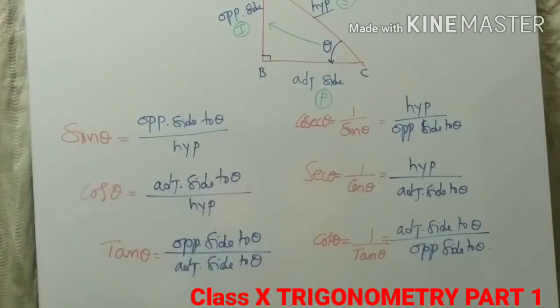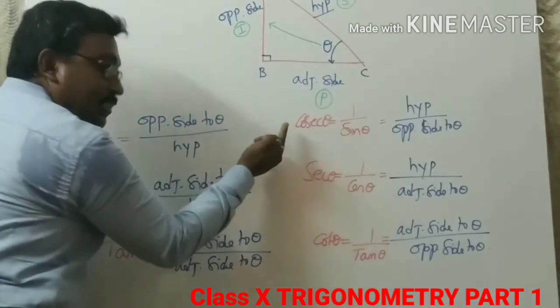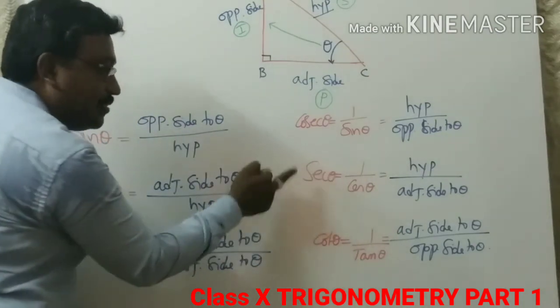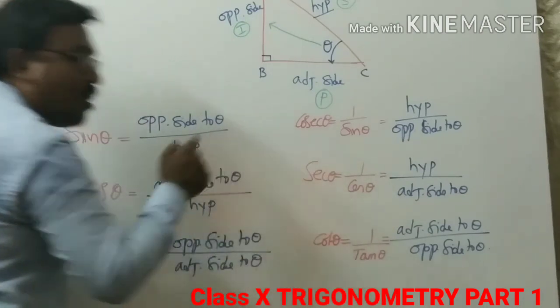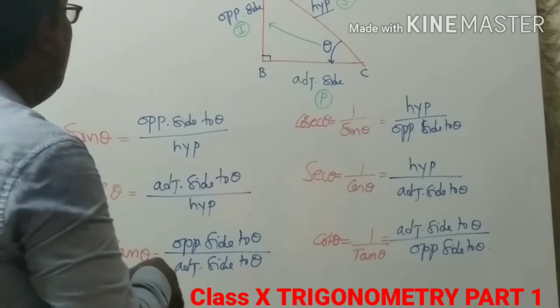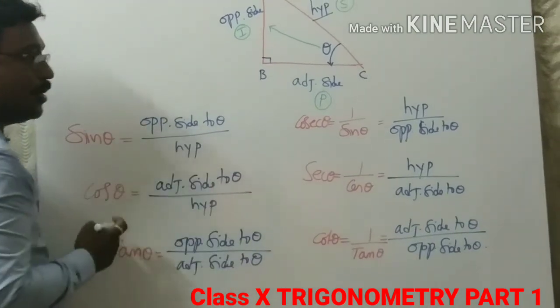What are the names? Sine. First one is sine. And reciprocal of sine is cosecant. Cos. Reciprocal of cos is secant. Tan. Reciprocal of tan is cot. Total 6 ratios.